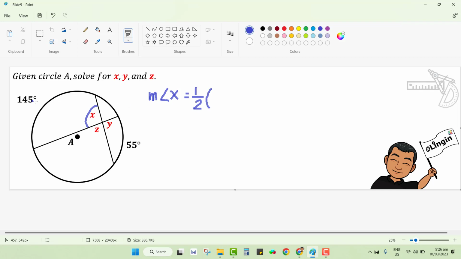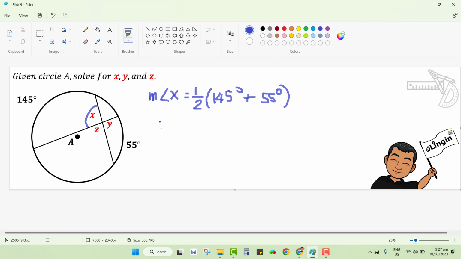The sum of its intercepted arc, 145 degrees, and the intercepted arc of its vertical angle y, which is 55 degrees. This is how we solve the measurement of an angle formed by intersecting chords.